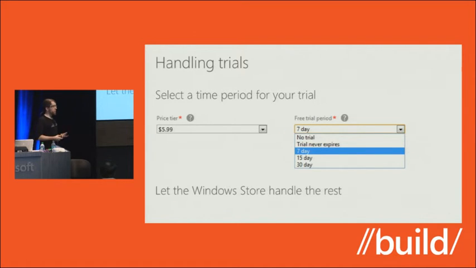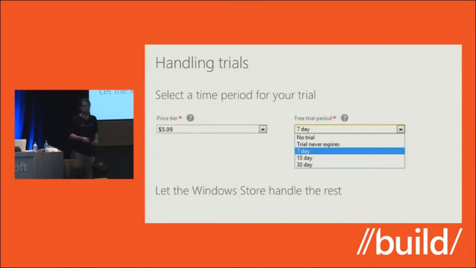So when you're creating your application, your Windows Store app, on the dashboard, you're going to see something like this that allows you to set the price point, and that allows you to set if you want a trial or not. Now, you should have a trial with your app if you're going to have a price point, because that's going to increase your revenue.